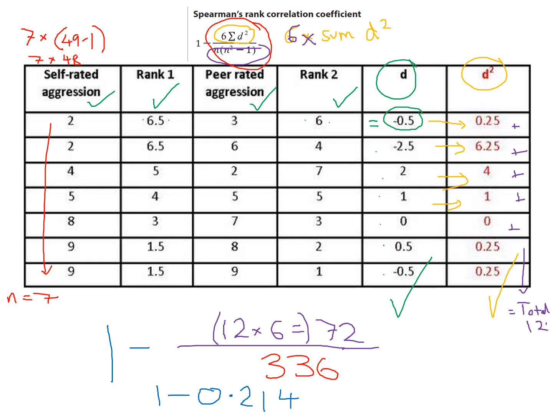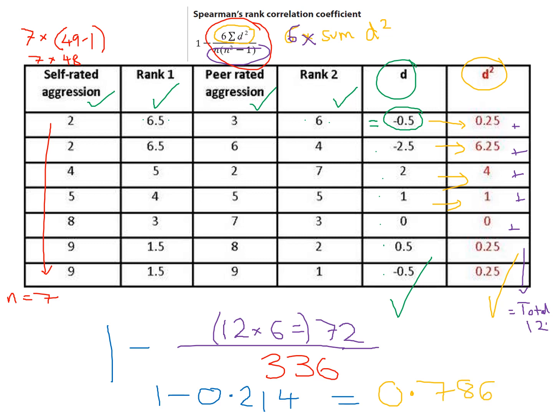Okay, so 1 minus 0.214 is, let's do your answer in a different colour here, 0.786. And there you go.